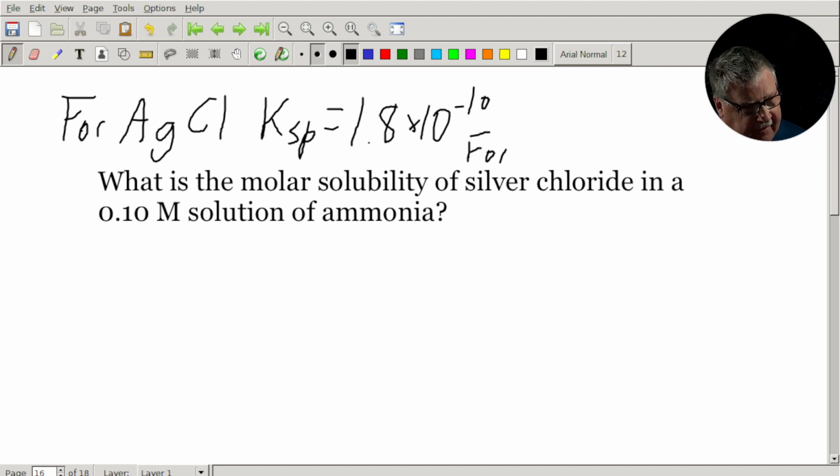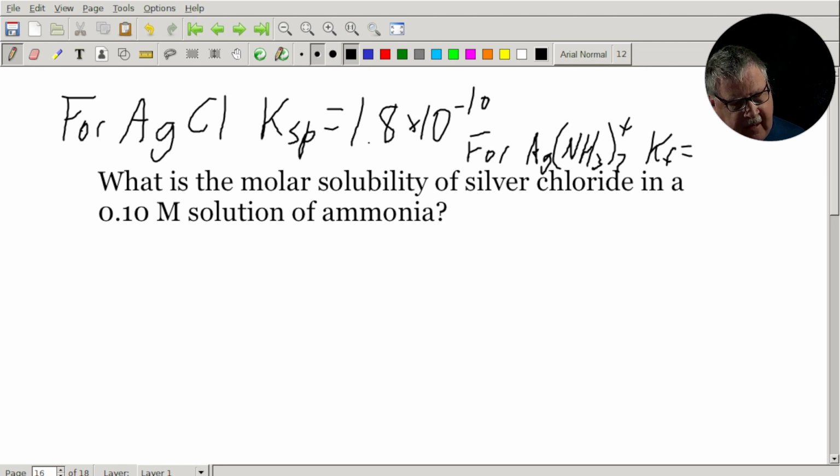I'm going to cram this down a little bit so it doesn't get obscured by my wonderful picture. For the complex Ag(NH3)2 with a plus charge, the KF value is given as 1.6 times 10 to the 7th.